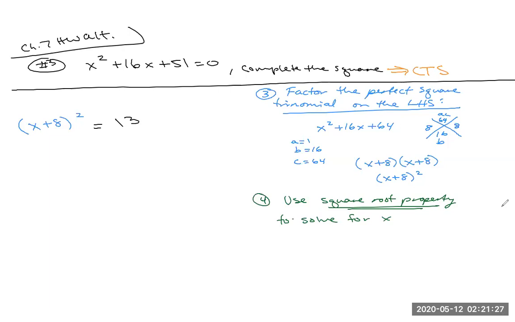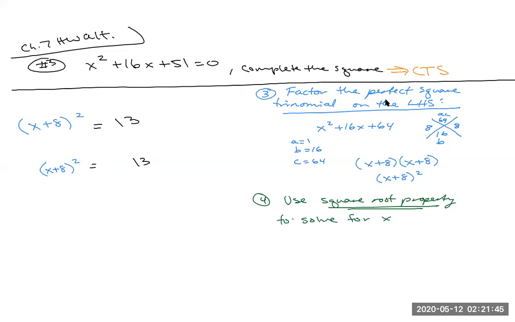So now we're going to say, okay, I have x plus 8, the quantity squared, that equals positive 13. Leave yourself some space.